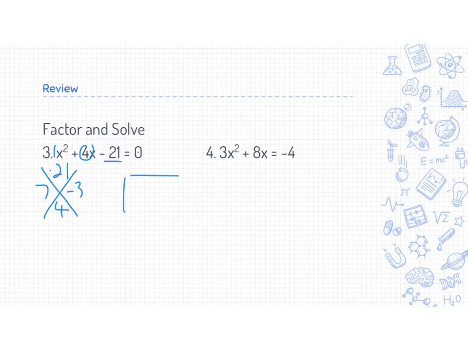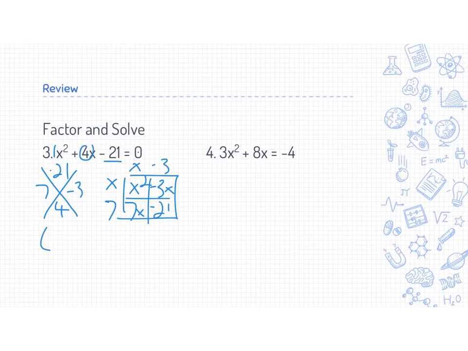Then we get our box. We get x squared, negative 21, 7x, and negative 3x. Then we look for our GCF. GCF here is 7. GCF across the top is x. GCF going up is x, and there's negative 3.